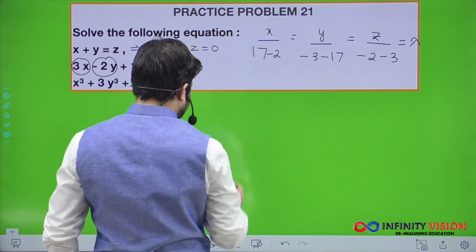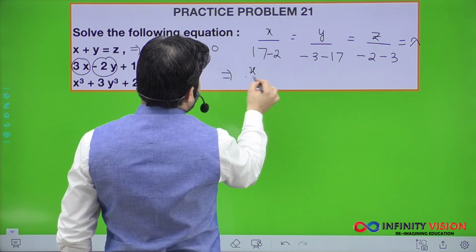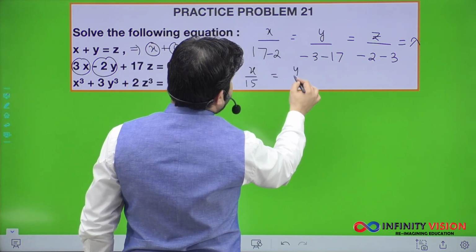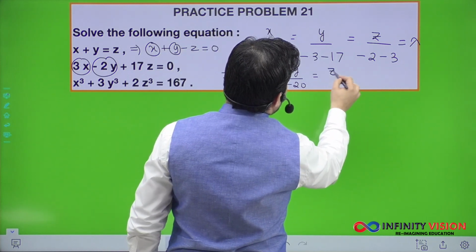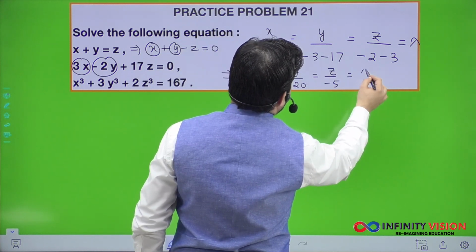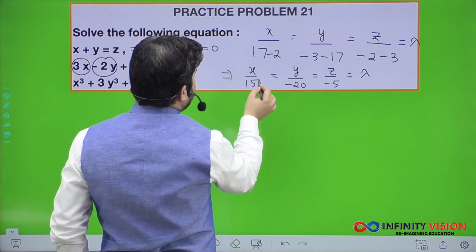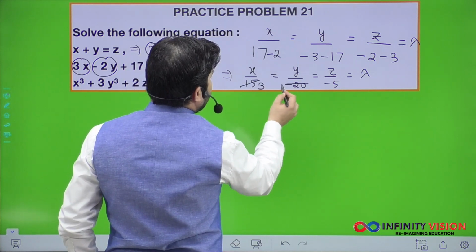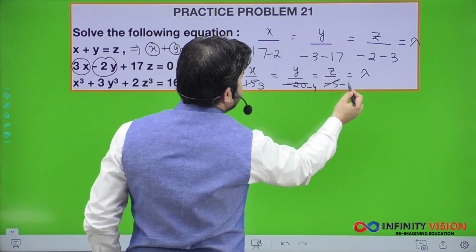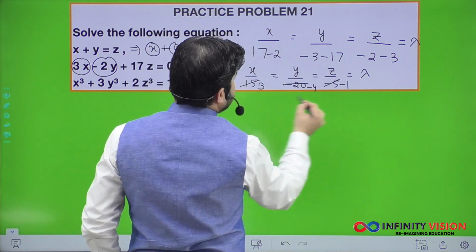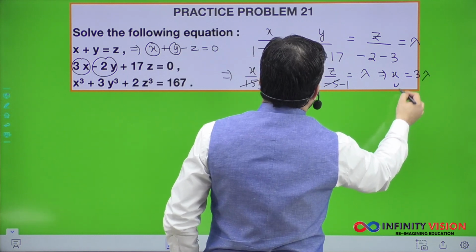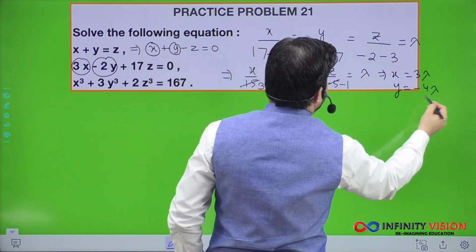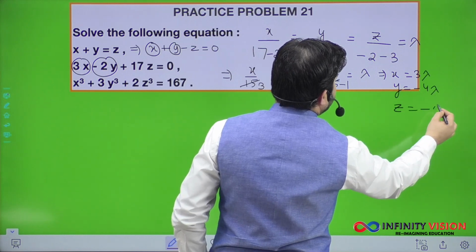So you got x upon 15 equals y upon minus 20 equals z upon minus 5 equals lambda. Again, you can say 5 3s are 15, minus 4 and minus 1. So you can say your x is nothing but 3 lambda, your y is minus 4 lambda, and your z is minus lambda.